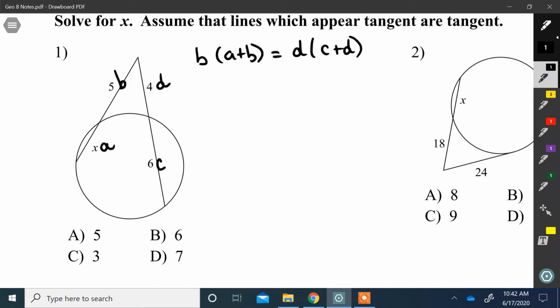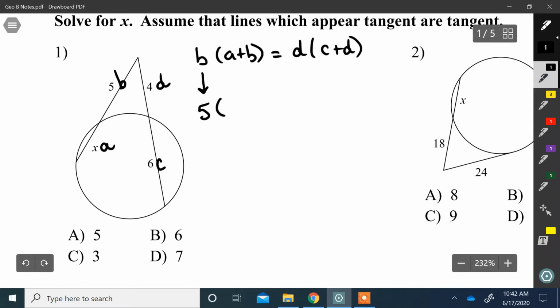The b in this case is 5, the a is x, the b again is 5, the d is 4, the c is 6, and the d is 4.